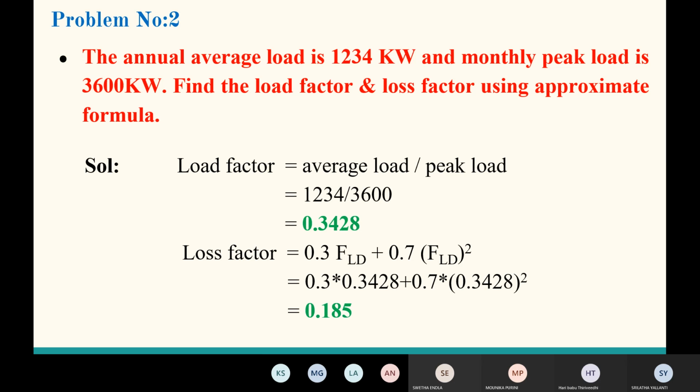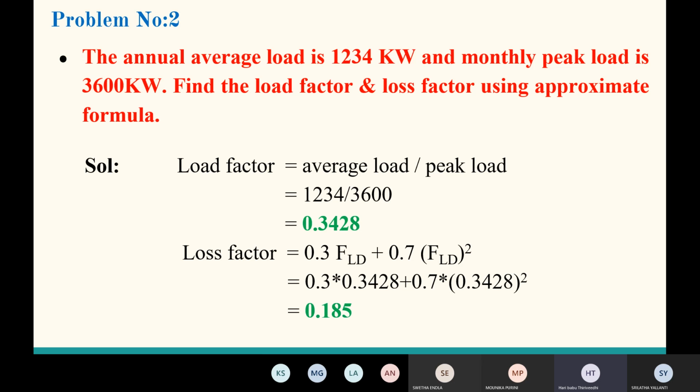Now the approximate formula derived by Woodruff: loss factor is 0.3 FLD plus 0.7 FLD square. So 0.3 into 0.3428 plus 0.7 into 0.3428 square. So the value is 0.185.